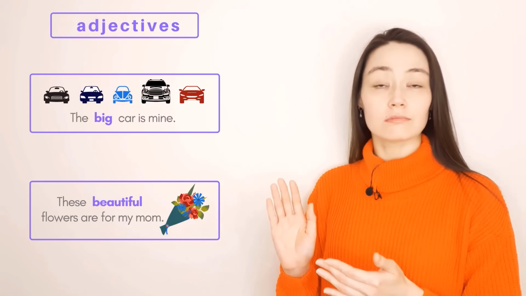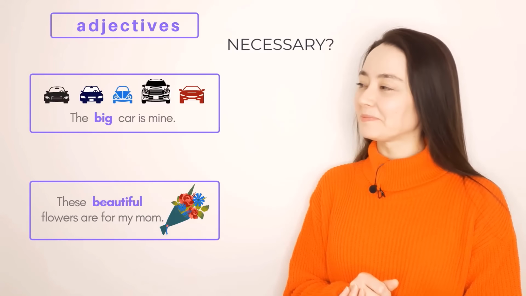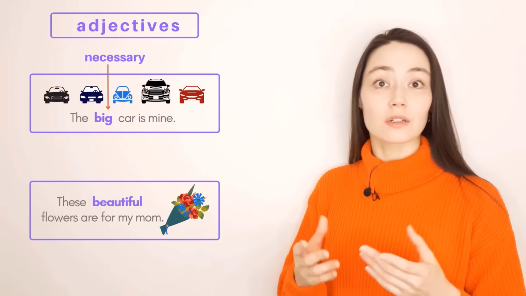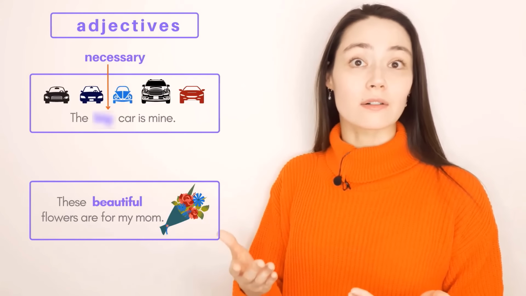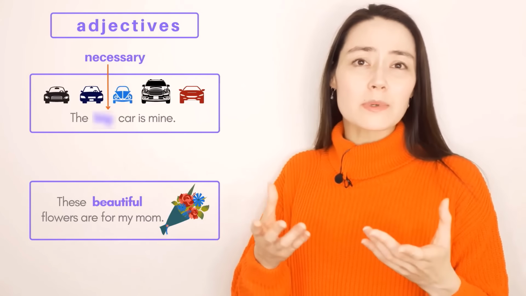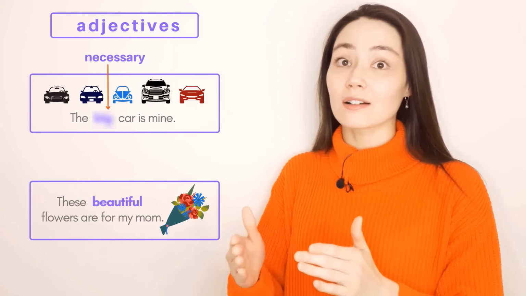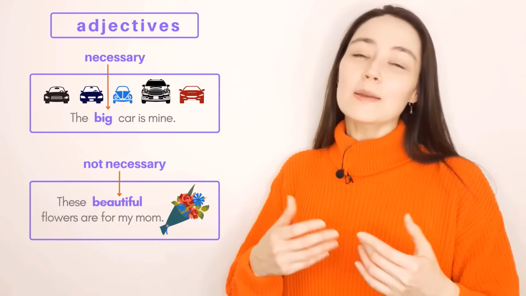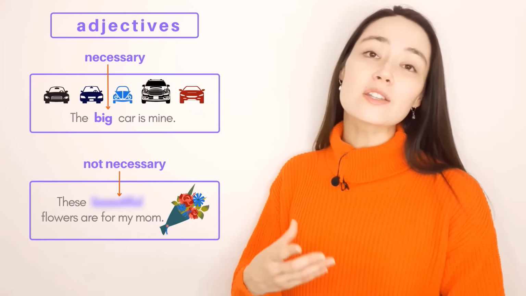Which adjective is necessary? The first one, right? If I remove big, the sentence is grammatically correct, but you don't know which car I'm talking about. It's necessary. It helps identify the car. Beautiful is optional. If I remove it, there is no confusion.